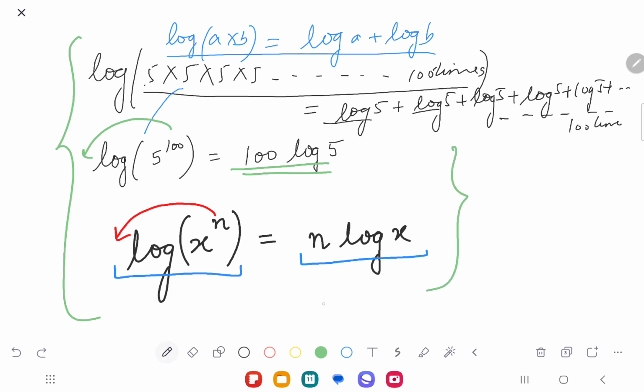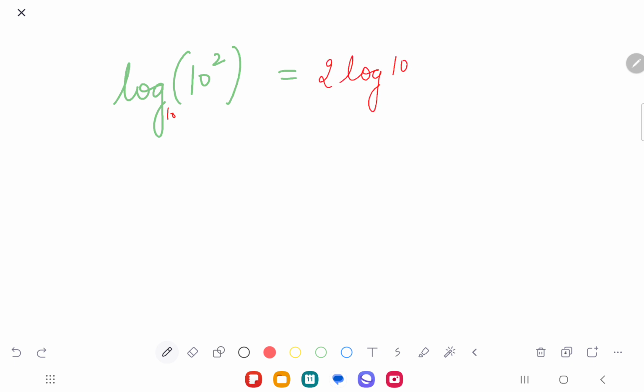So on similar lines, when we use this particular property, when we say log 10 raised to power 2, and nothing is written at the base, because at this point we write down the base, the base shall be 10. So it is going to look like 2 times log 10 with the base 10.